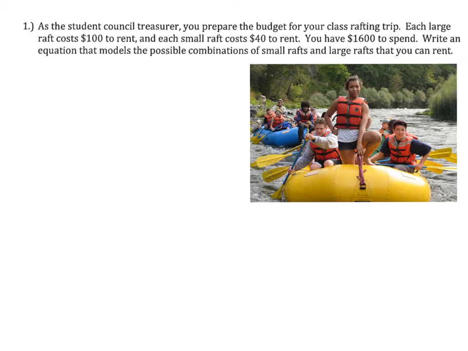It says each large raft costs $100 to rent, so it would cost $100 times the number of large rafts. We can use x to represent that. Each small raft costs $40 to rent. We can use y to represent the number of small rafts, right?